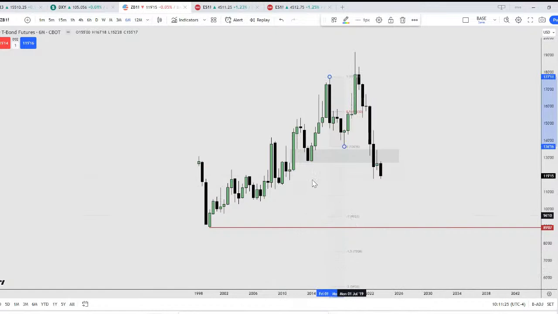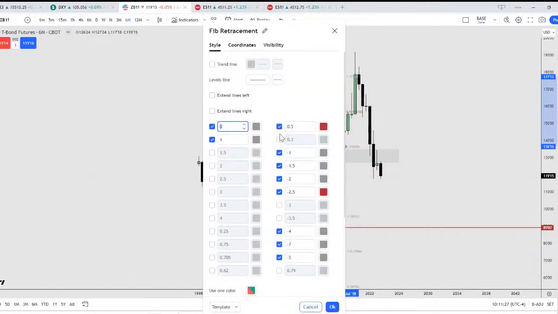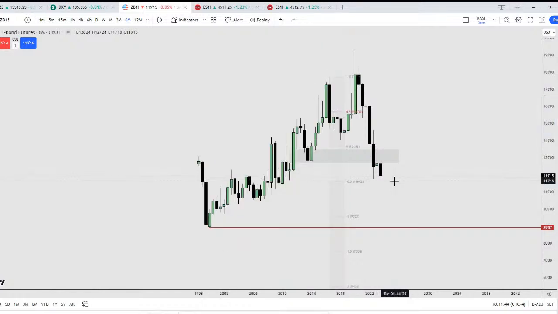So let's see, negative 0.5. Right, let's just use a negative 0.5. So we are close to it. That would be this swing low right here. So I'm expecting this low to be attacked.